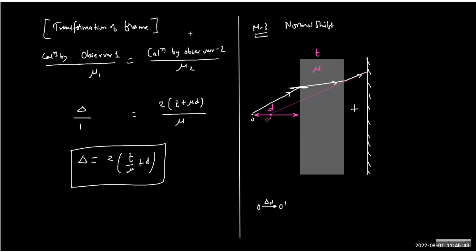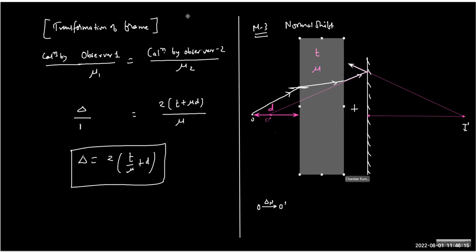And therefore, the light ray after reflection will go like this. This is as per O dash. I can say I dash. This is the reality. What I'm drawing is the actual ray diagram, how things are actually happening.